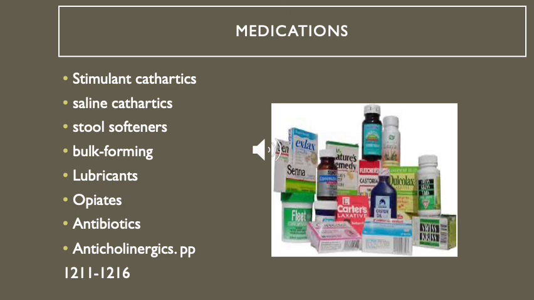We want to look at our medications that are used in assisting with bowel elimination. If it's constipation, we're using cathartics and stool softeners and bulk formers and lubricants. Opioids, antibiotics, and anticoagulants, we're thinking more in order of the diarrheal elimination of a watery stool.